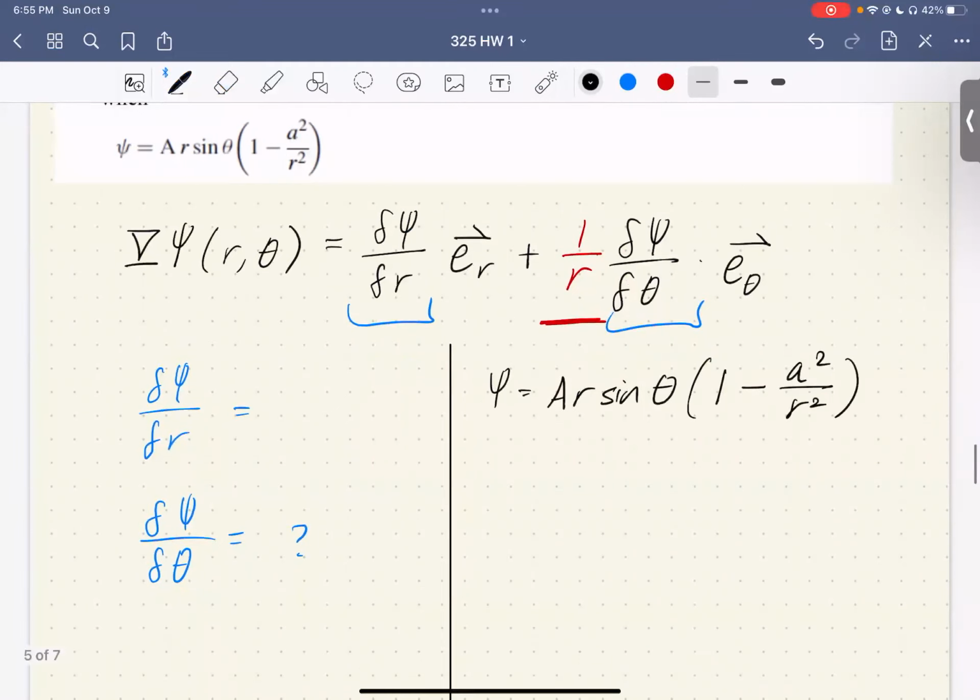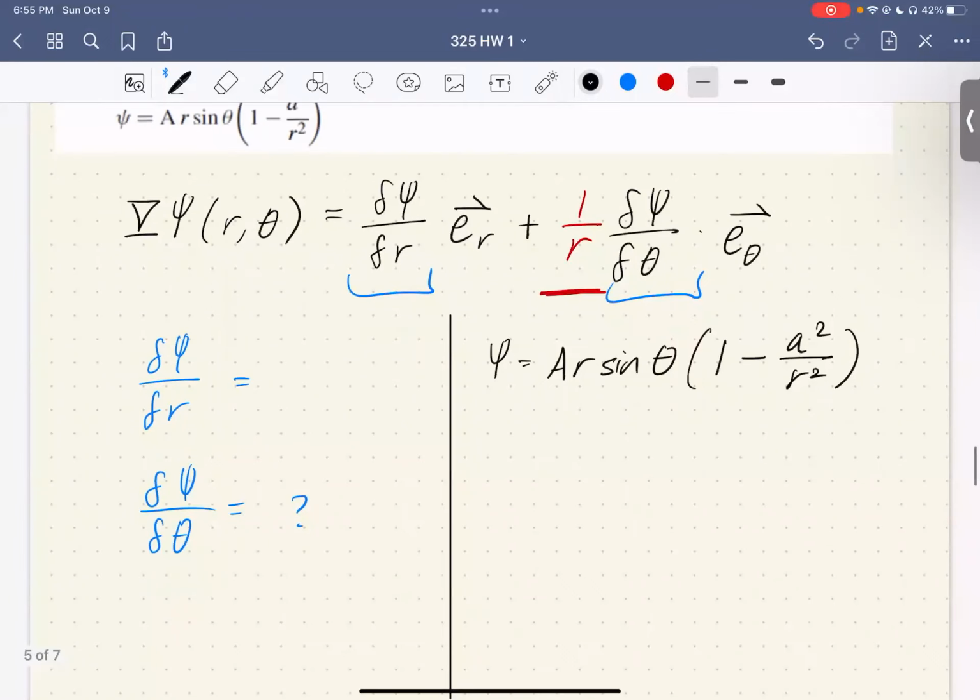So we're first going to just take the partial derivative with respect to r. A great way to approach this is to just expand the expression: a r sine theta times 1 minus a r sine theta times a squared over r squared.